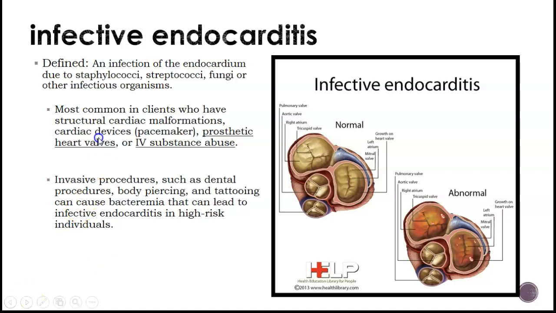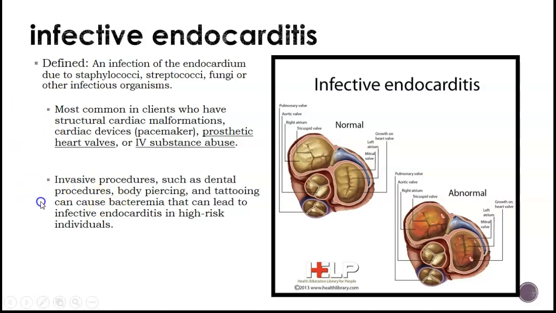People who are at risk for infective endocarditis are those with structural cardiac malformations, cardiac devices, prosthetic heart valves, or are IV drug users. Those who are doing anything invasive can also increase that risk, because that allows bacteria into the bloodstream.